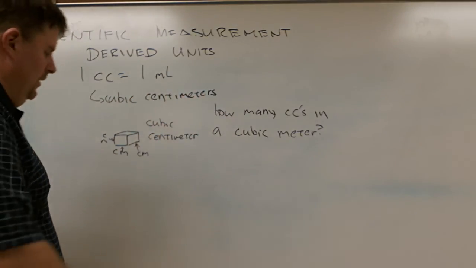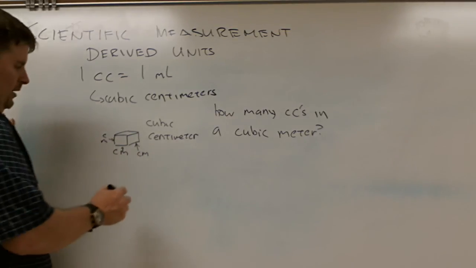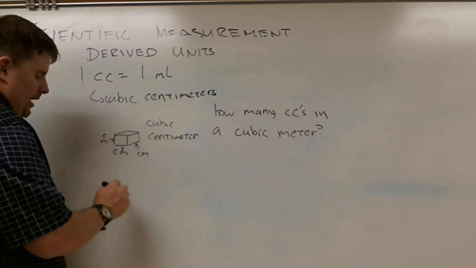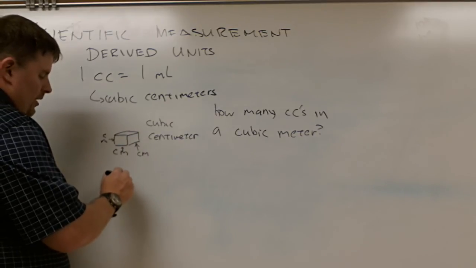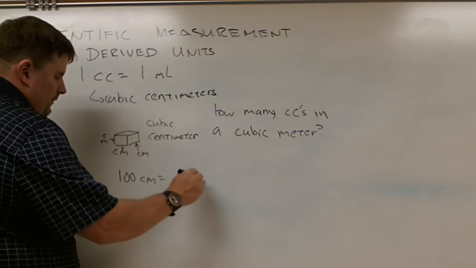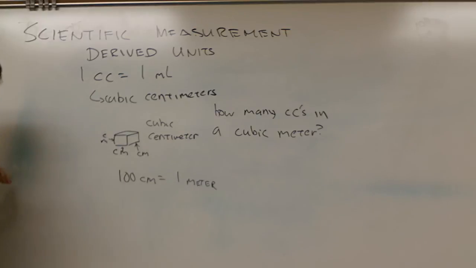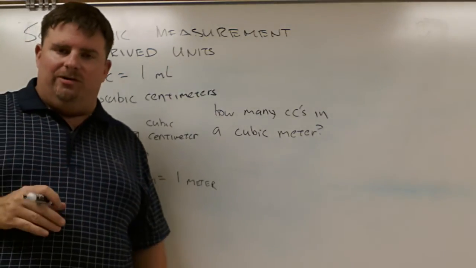So, if I take this cubic centimeter, I've got 100 centimeters for every 1 meter. If I want to look at that meter and ask where I'm going from there, I need to cube the value in order for this to occur.